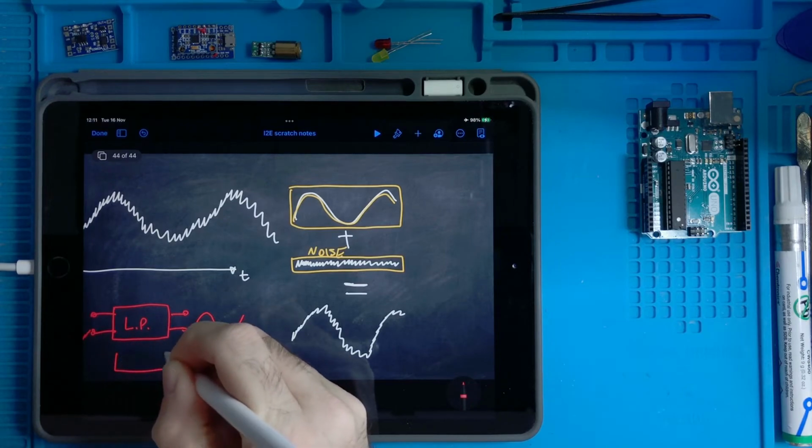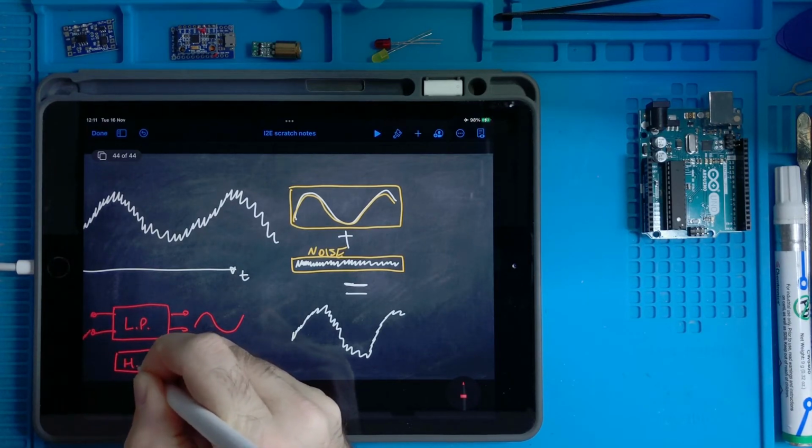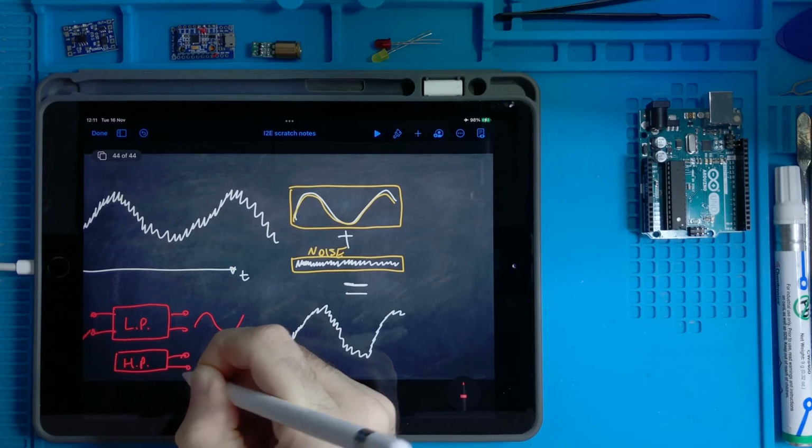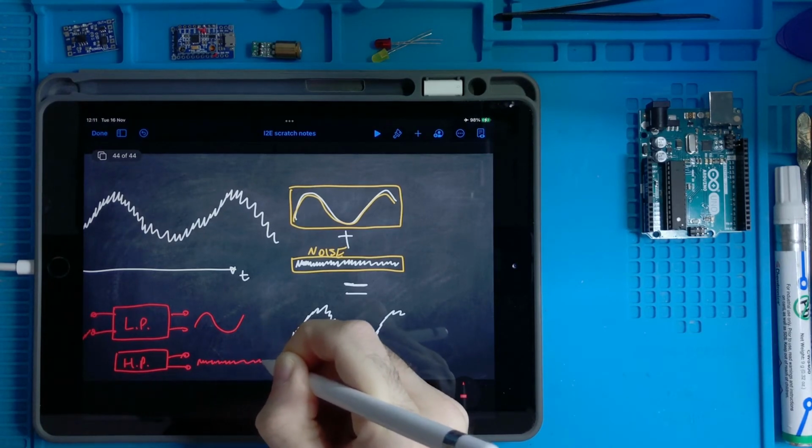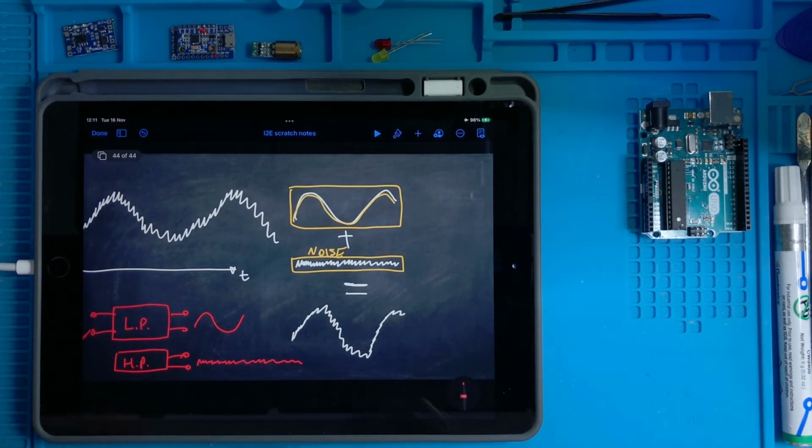So it's like this. It will give us the noise.